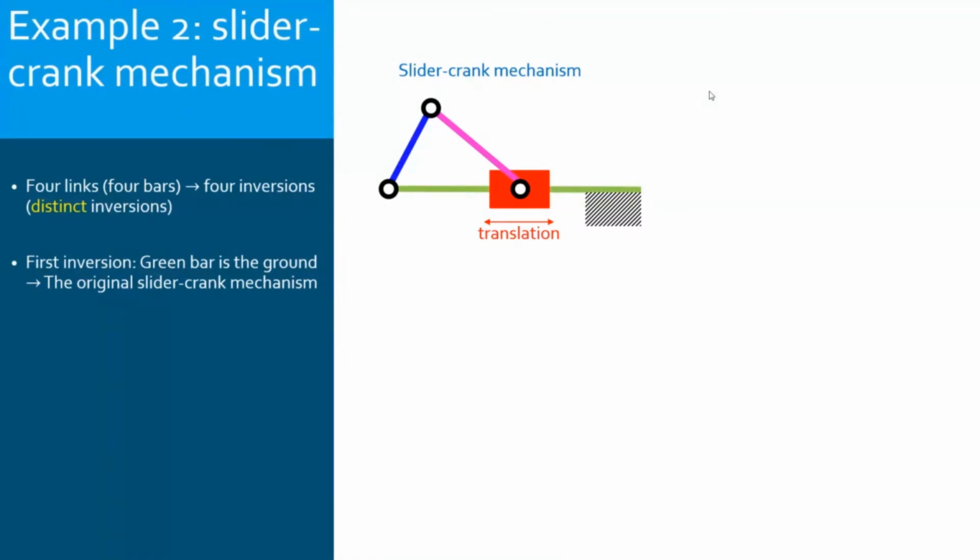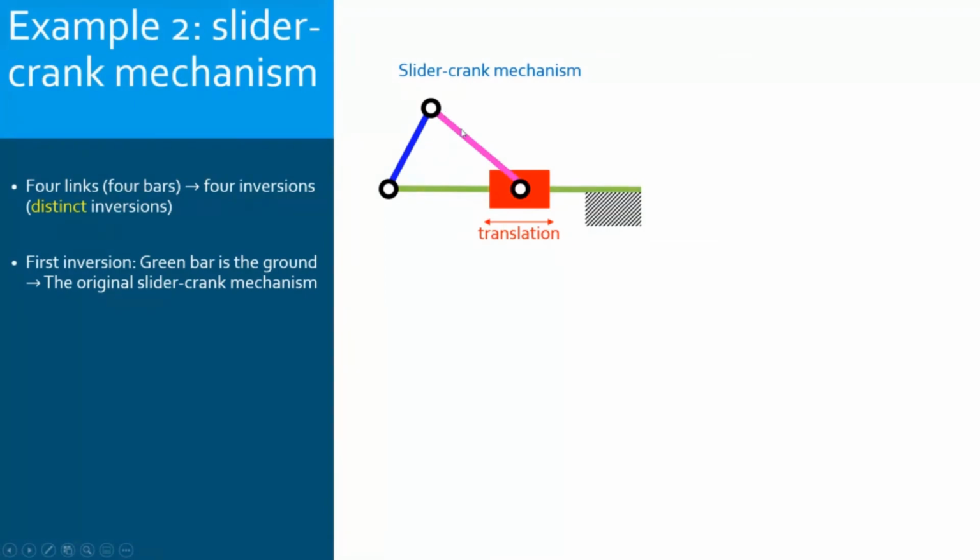That's why the blue bar is a crank. It can complete 360-degree rotation. And the slider has a translating reciprocal motion along the ground. So that's why it is called a slider crank mechanism.